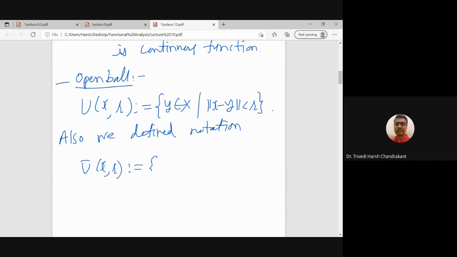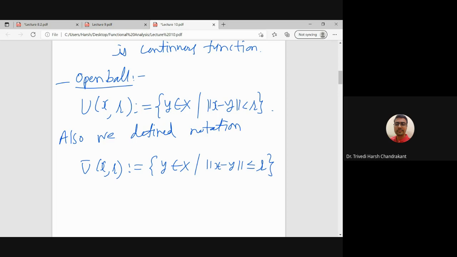U closure of (x, r) is all the points y such that norm of x minus y is less than or equal to r. In the above ball, we are taking only those y such that norm of x minus y is less than r. But in the second, we are taking norm of x minus y less than or equal to r.